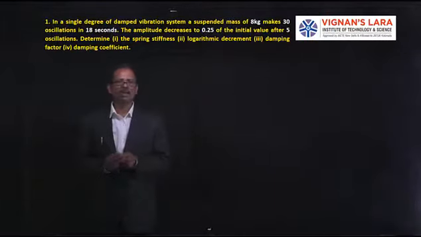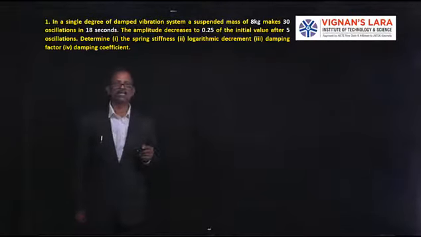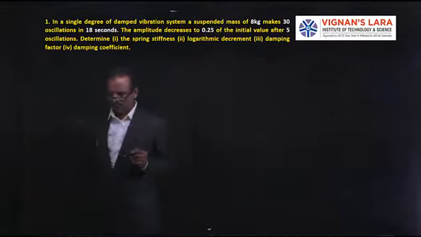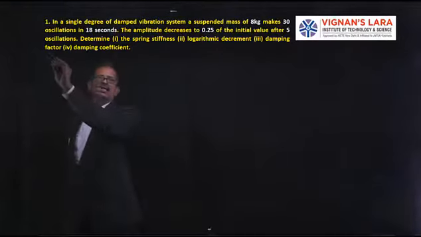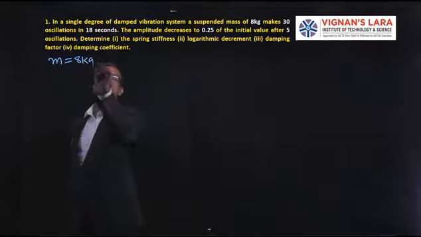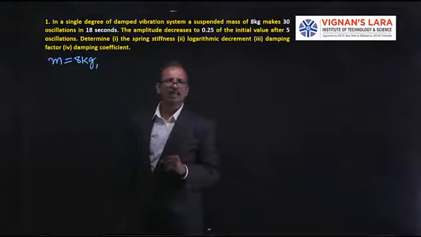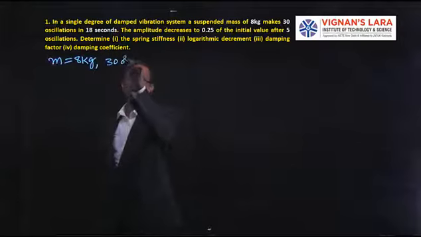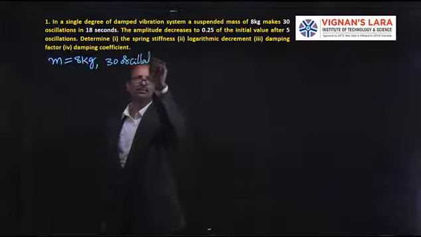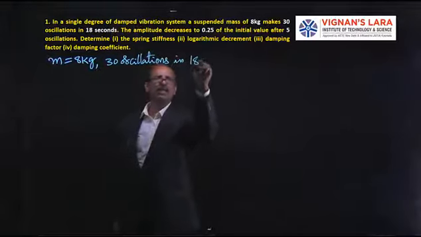This is a straightforward problem. Let us see what is the data given and what is asked. So it is a single degree of freedom vibration with mass of 8 kg, and it makes 30 oscillations in 18 seconds.